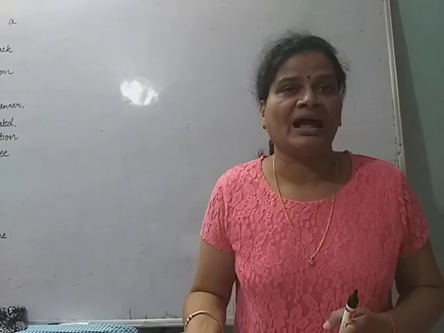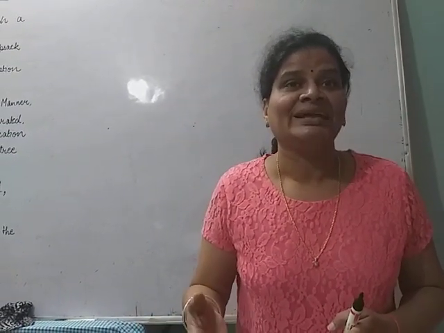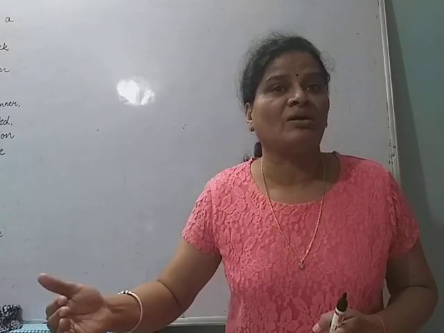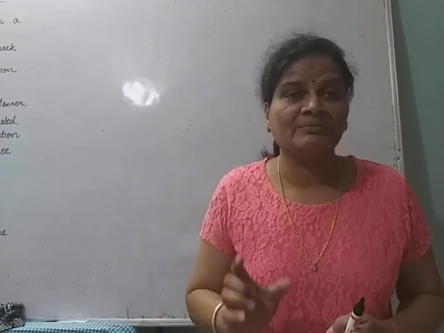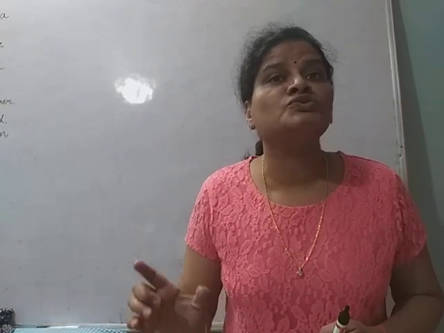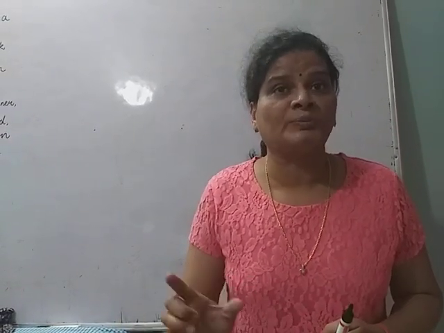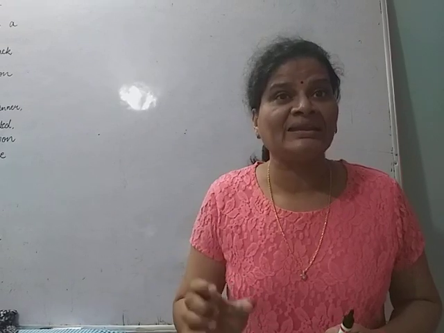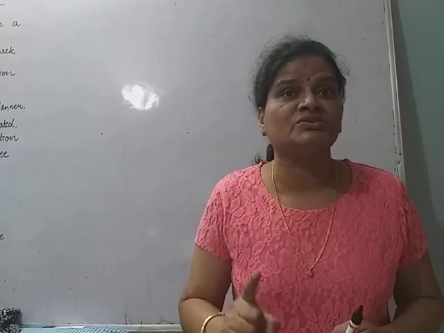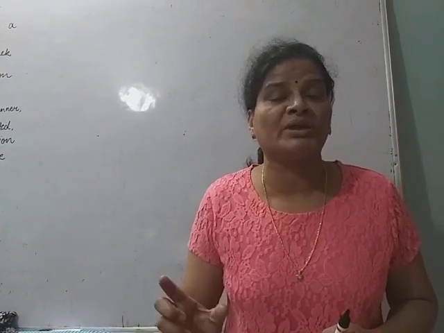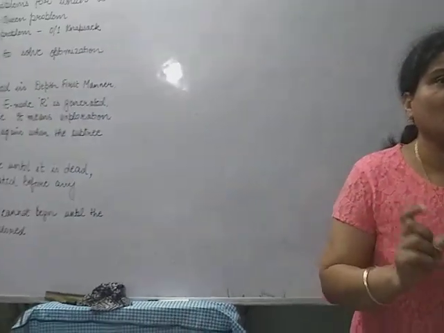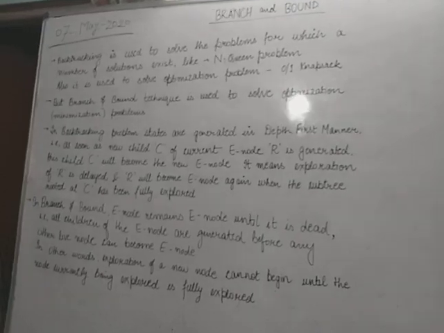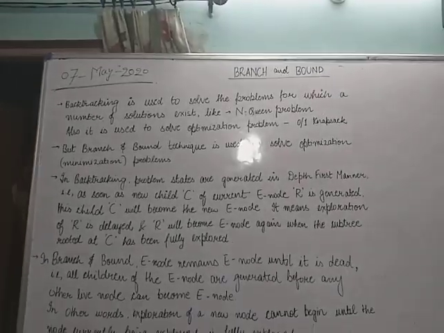What we have seen already is that backtracking is used to solve optimization problems also. But the branch and bound method is used to solve only optimization problems, and in optimization also it is used only to solve minimization problems. Carefully note down that the branch and bound technique is used to solve minimization problems.